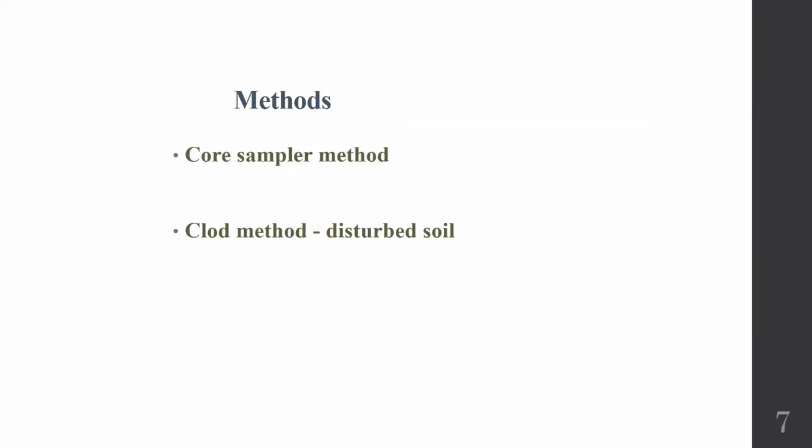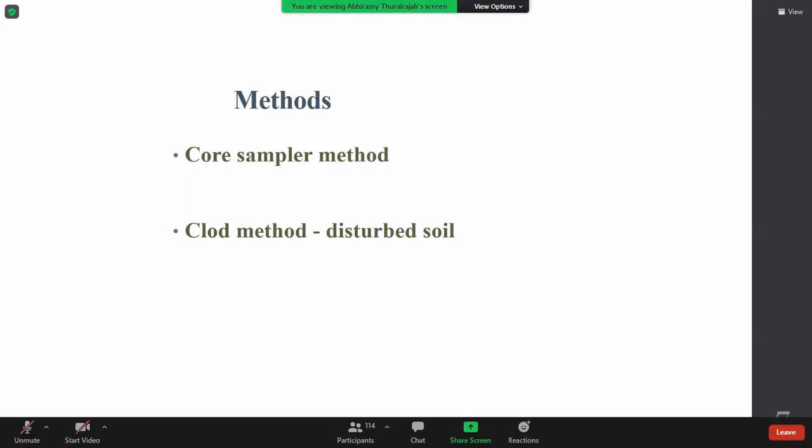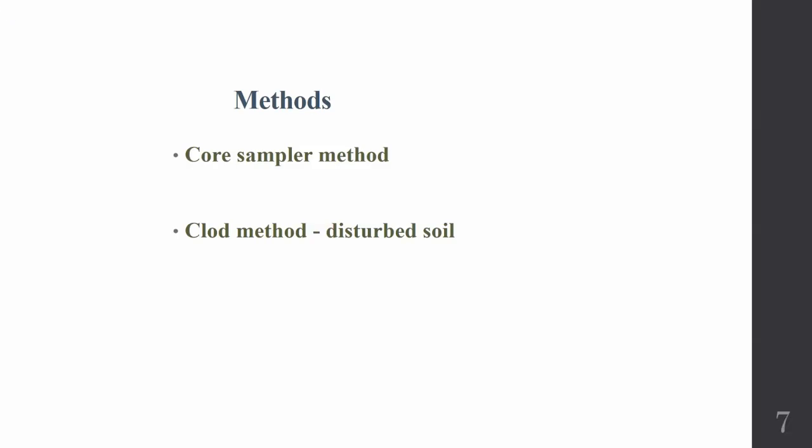I think in your first year you studied what disturbed soil and undisturbed soil are, no? And the core sampler also, you studied under the practical soil equipment, no? By using the core sampler, we can determine the bulk density, and another method is the clod method.